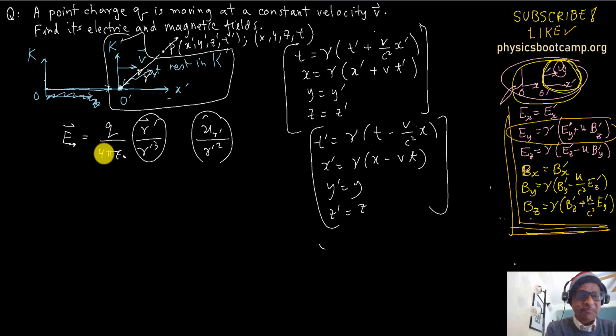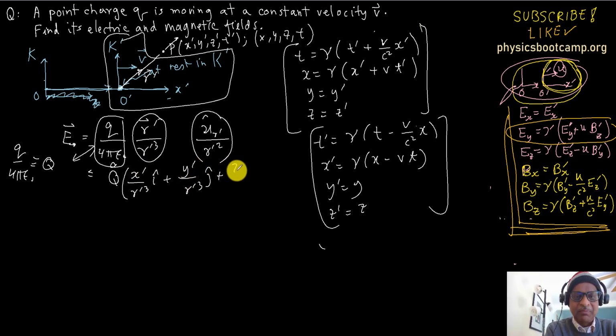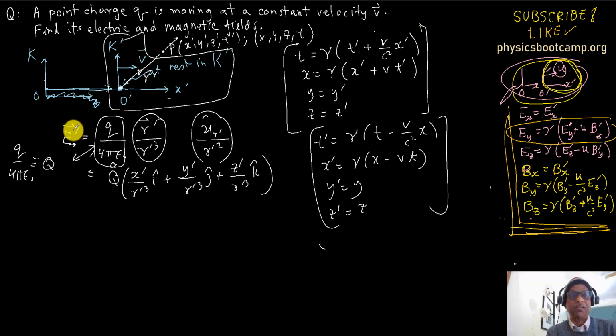You can write this, let's call this whole thing q, so q is q over 4 pi epsilon naught, and this is just going to be x prime over r prime cube i hat plus y prime over r prime cube j hat plus z prime over r prime cube k hat, as before, right? Now this will be E prime. Because the charges are not moving, B prime will be 0.